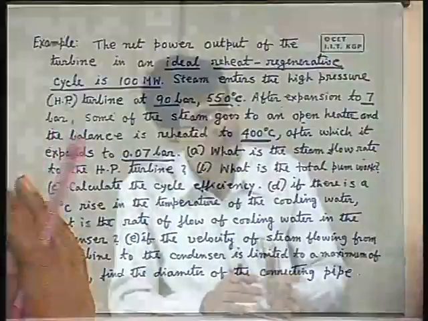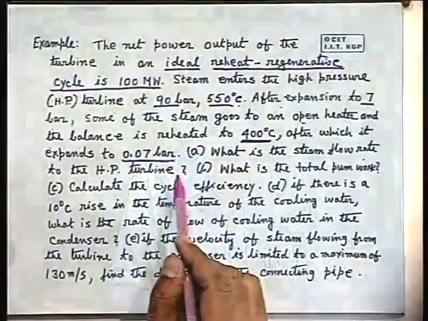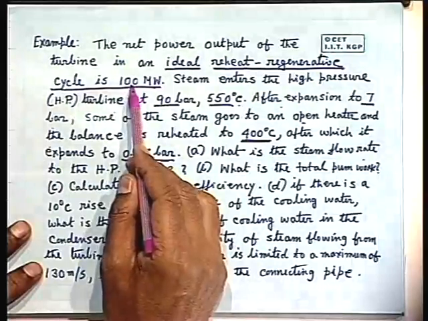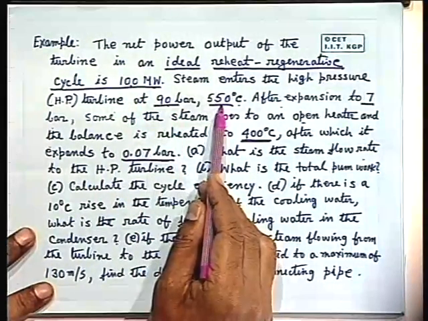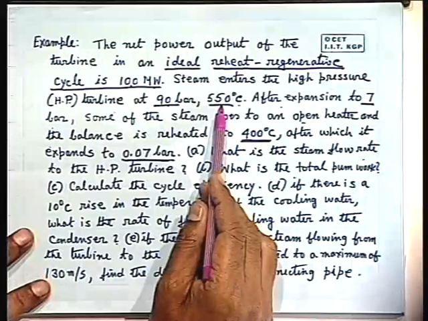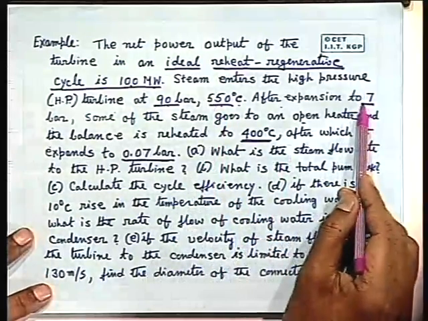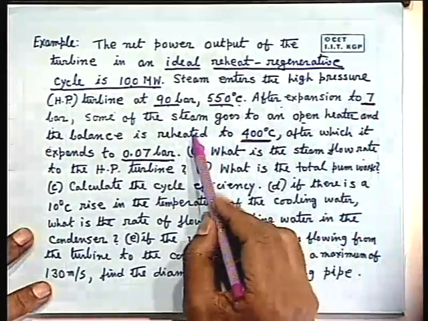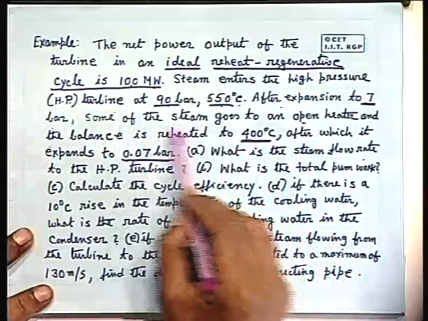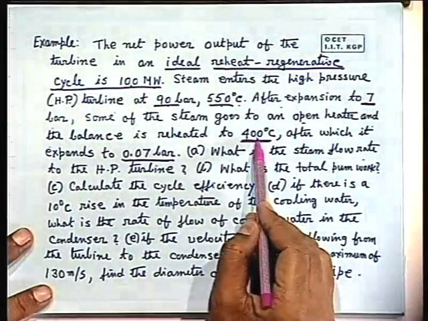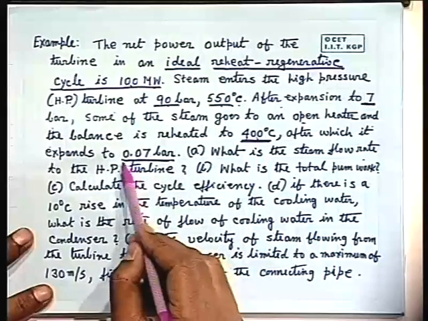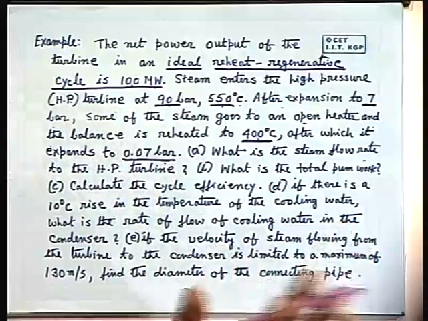That means you always analyze per unit mass of steam at the entry and then scale it. So this is not very important at the beginning. The important parameters are 90 bar, 550 degrees Celsius, the inlet condition of the steam. Then intermediate pressure 7 bar, and the steam is reheated. Some of the steam goes to an open heater and the balance is reheated to 400 degrees and then expands to this. Alright, this is the problem.